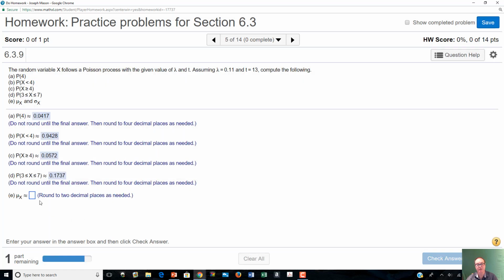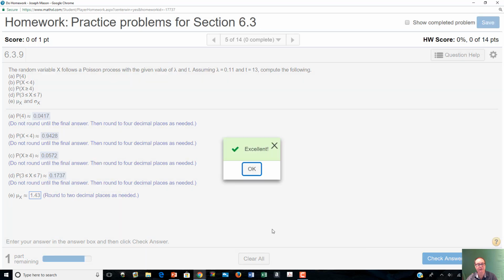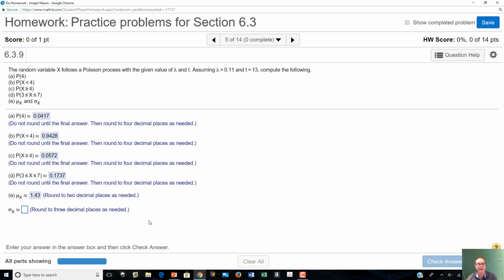Now the last thing it wants is the mean. Well, the mean we found early on as 1.43. Okay, now, so we check our answer. Okay, now we want the standard deviation. Well, the standard deviation is going to be the square root of the mean. So you take your calculator, take the square root of 1.43.